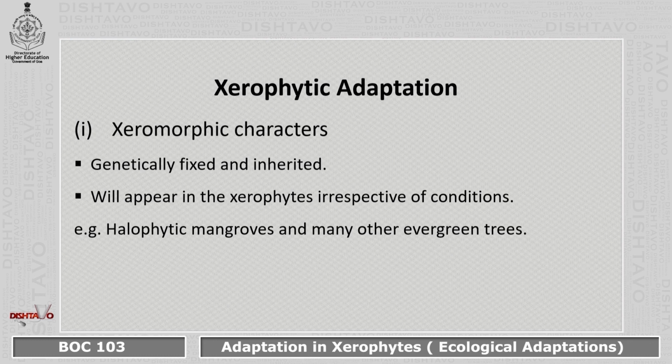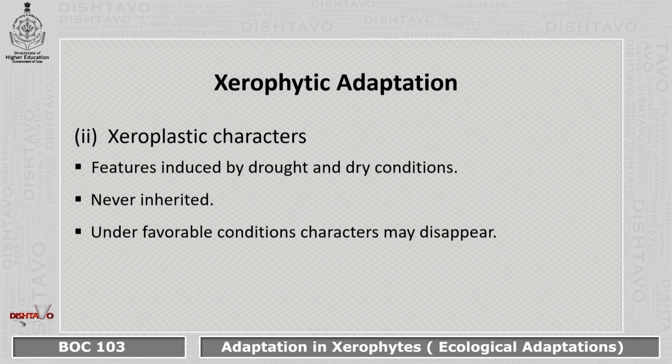They will appear in the xerophytes irrespective of the condition in which they are present, for example, halophytic mangroves and many other evergreen trees. The second type are xeroplastic characters. Xeroplastic characters are those features that are induced by drought and dry conditions. They are never inherited, and under favorable conditions, these characters may disappear.